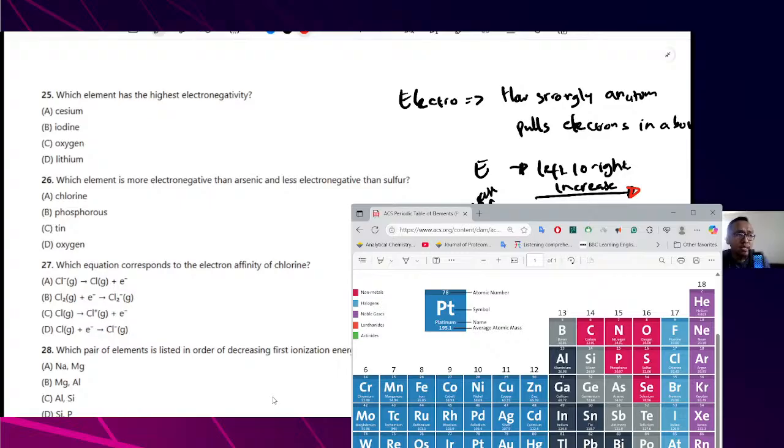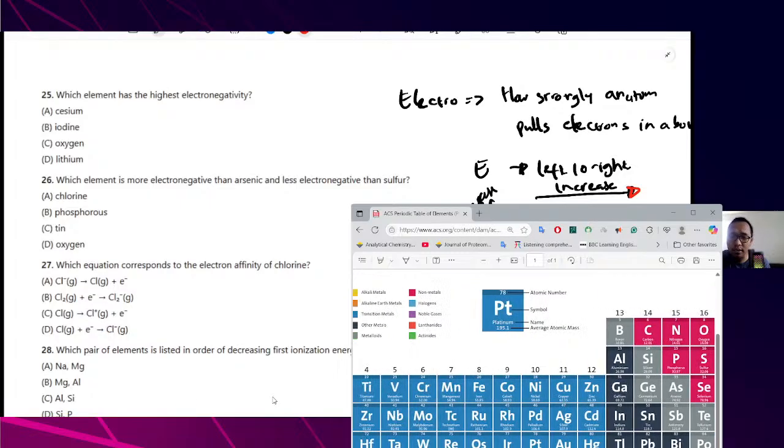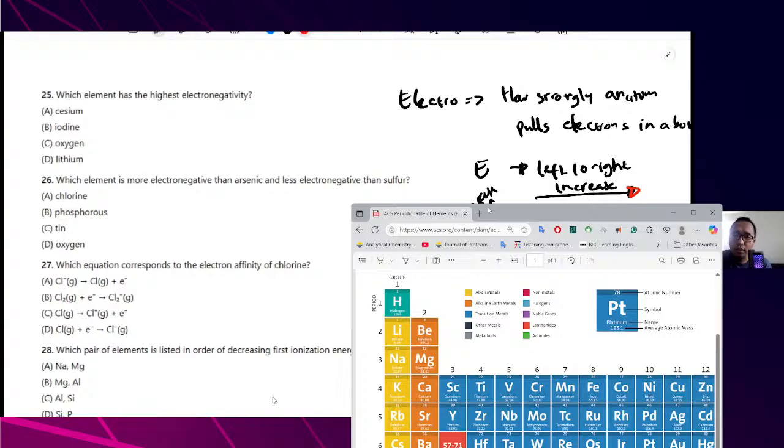Cesium is way down in group 1. CS, cesium, remember. So this one will have super low electronegativity.